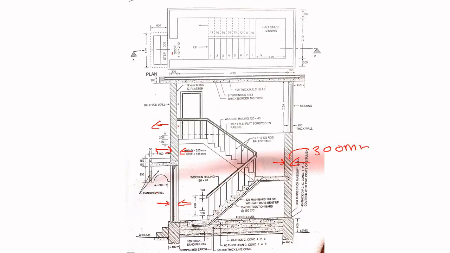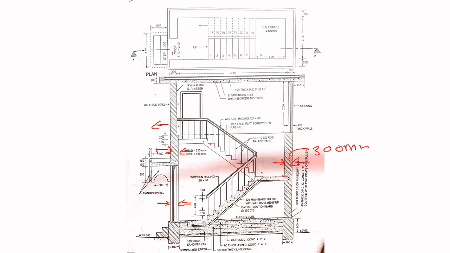You can see the steps here: 1, 2, 3, 4, 5, 6, 7, 8. Then we have a landing. That is 9. Then 10, 11, 12, 13, 14, 15, 16, 17, and again 18 we have a landing.